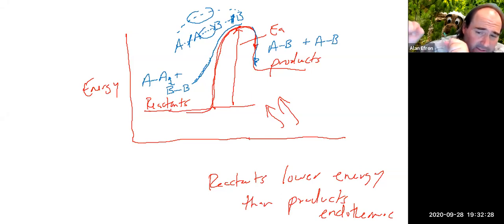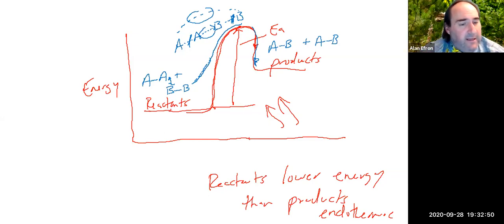Even if they run into each other with the right amount of energy, they need to run into each other in the right location, like the active site of each, to allow products to form. Just hitting each other doesn't necessarily mean products will be formed. One factor is that they have to clear that energy hill to get to the other side.